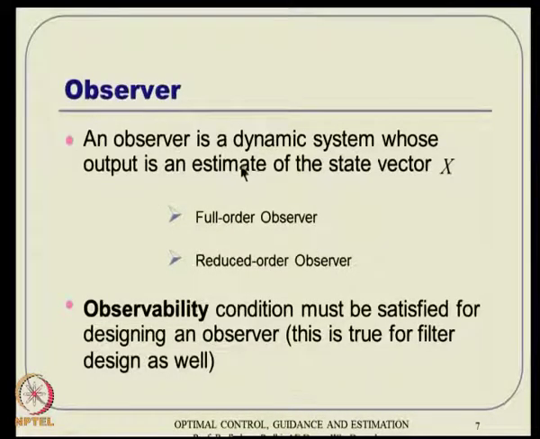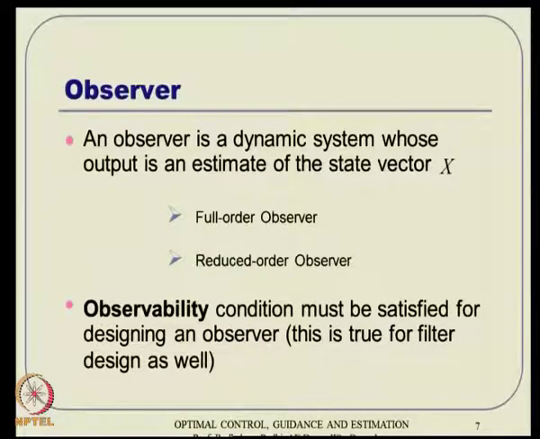So, an observer is a dynamic system whose output is an estimate of the system vector x. That is the definition. Essentially, when you say I have got an observer, what you are telling is we have also got some sort of artificial system dynamics, and that system dynamics output is nothing but the state vector. And then there are ideas of full order observer and reduced order observer. A full order observer finds out the entire state all the time.